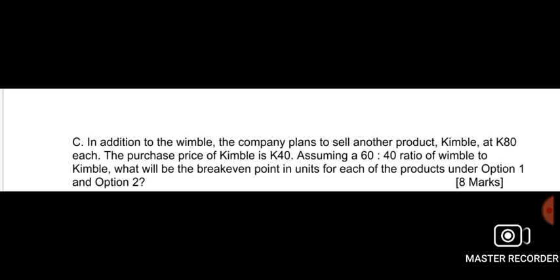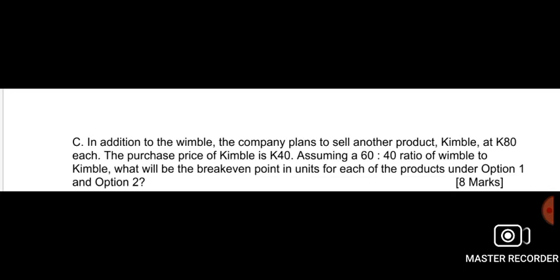Now the question is, are you dealing with a single product or a multi-product scenario? The trick is this: if you're given more than one product in a particular question, just know that it's a multi-product scenario. And how do you calculate the break-even point in units for multi-products? I'll show you on the next screen.